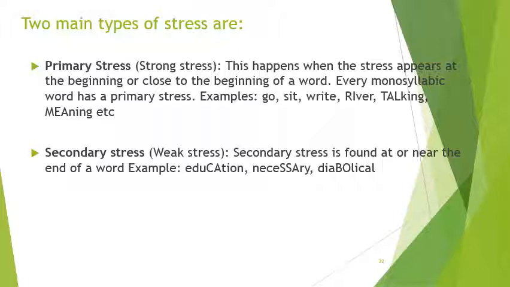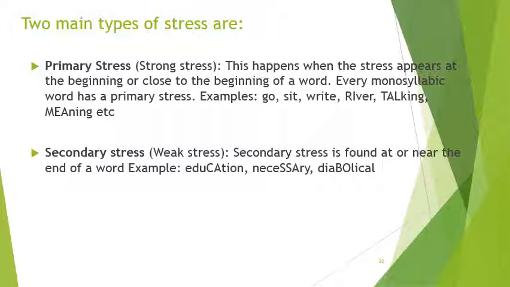Can you see that? The first three are monosyllabic words, while the last three are polysyllabic or two-syllable words. They all have what is called primary stress because the monosyllabic words already have primary stress, while the polysyllabic words have the stress placed from the beginning of that word.